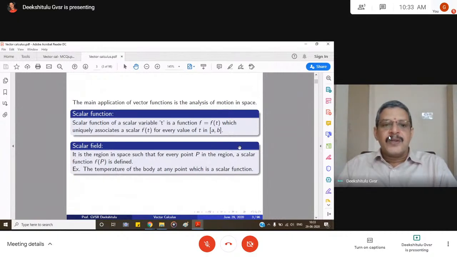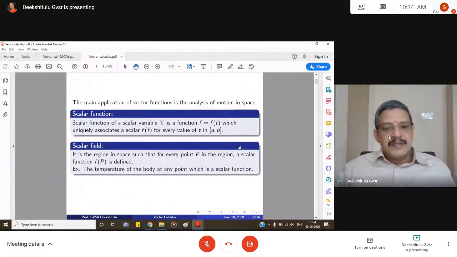Scalar field: the domain on which f(t) is defined is called a scalar field. It is a region in space such that for every point p in that region, a scalar function f(p) is defined.